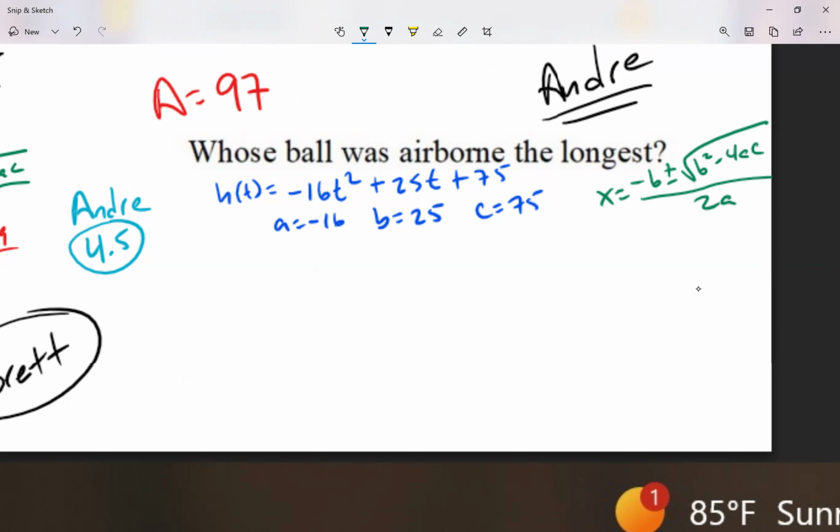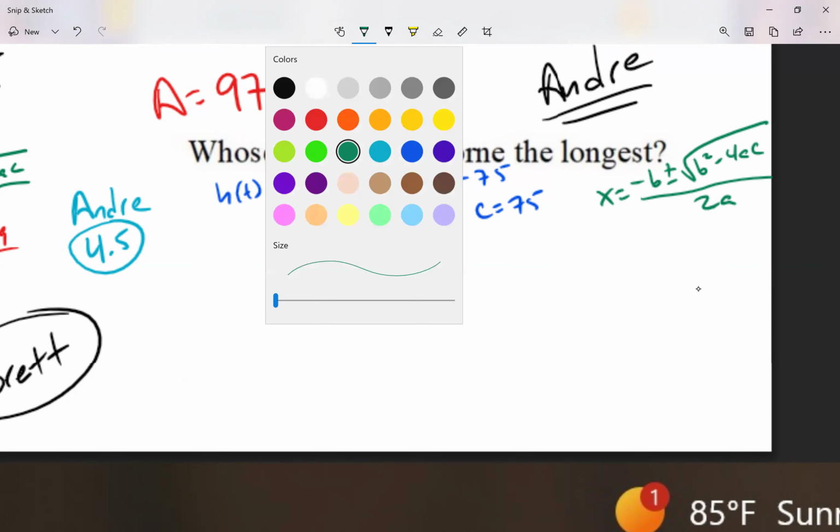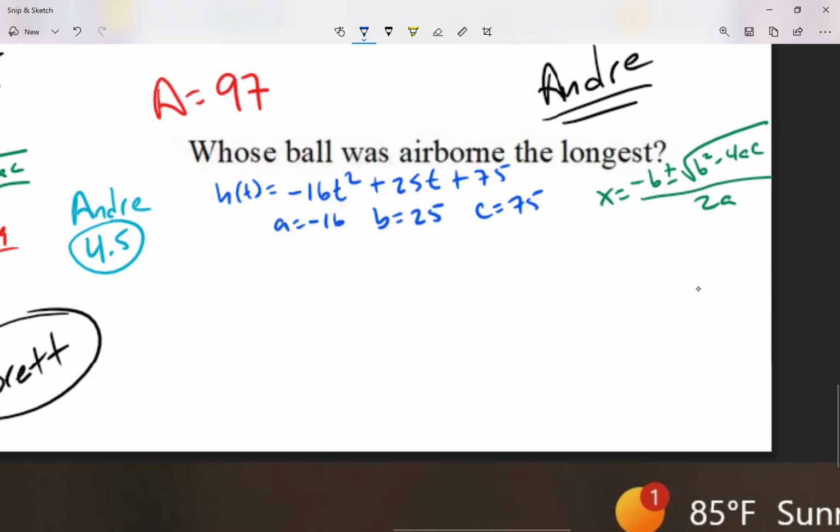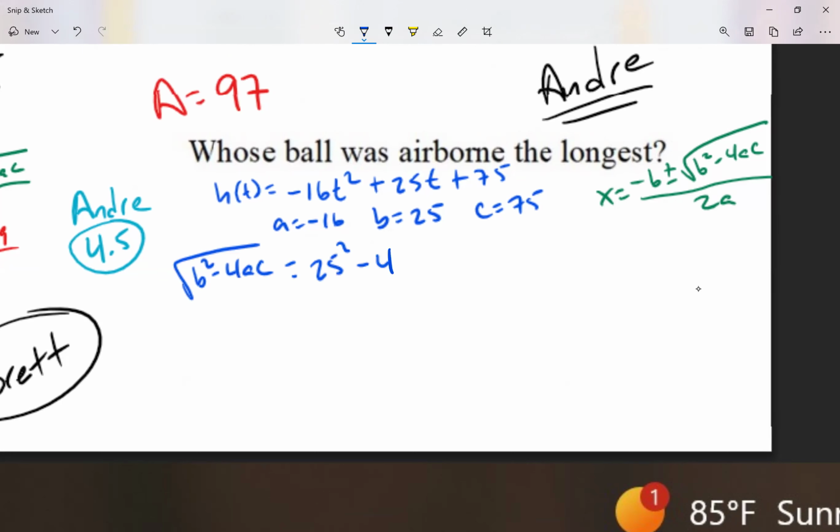Okay, so let's see. First of all, I'm going to do the discriminant. So b squared minus 4ac. Once I figure that out, I'll do the square root. So in this case, let me go 25 squared minus 4 times negative 16 times 75. And then my negative signs become a plus sign.